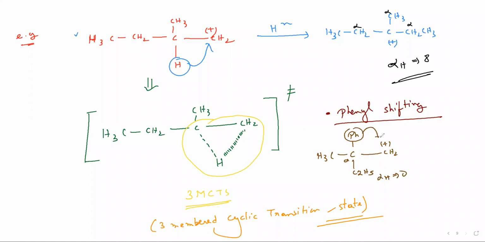After shifting of phenyl, we get it this way: CH3, here CH2 CH3, and this one CH2 Ph. Now in this case, alpha H value is 3 plus 2 plus 2, so alpha H becomes 7. That's why phenyl shifting also happens, and phenyl shifting priority is definitely greater than alkyl shifting. Any doubt regarding this part?